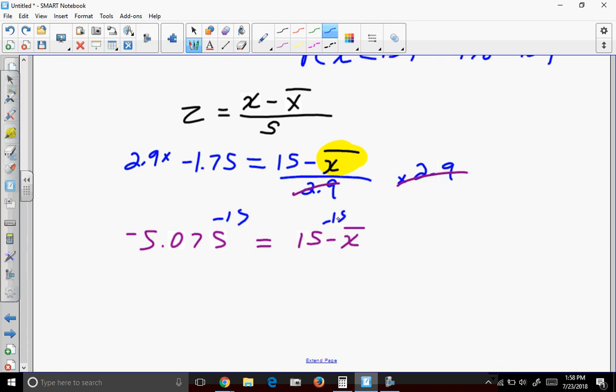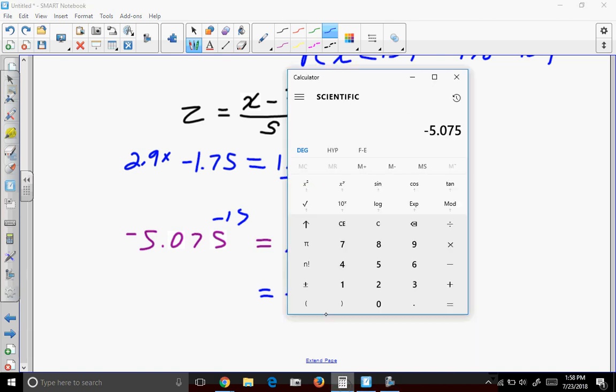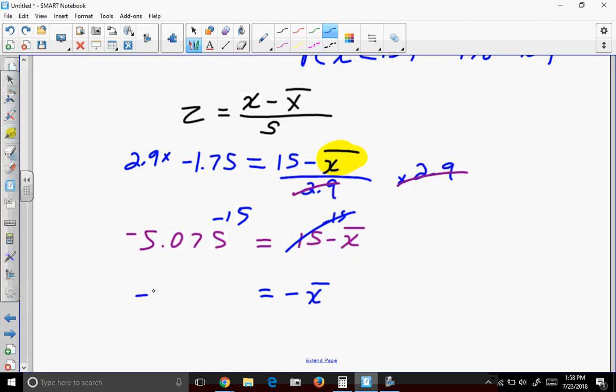So 15 minus 15 cancel. So the opposite of the mean is what we got there, minus 15. So minus 15, so that's negative 20.075. So that's the opposite of x bar. So x bar, if we take the opposite of both sides, or you could say multiply both sides by a negative, negative times negative is positive. So that gives us the mean.